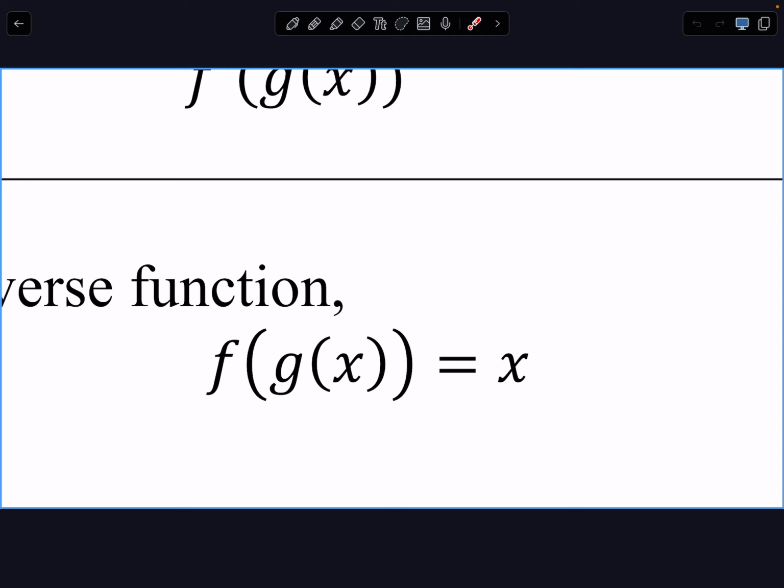So f composed with g of x, if f and g are inverses, should be equal to x, right? This would be true for the domain of g.